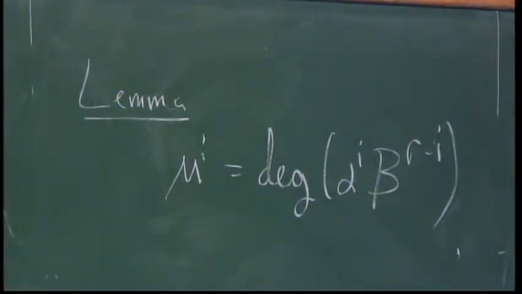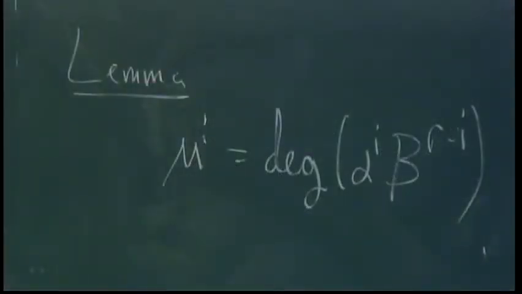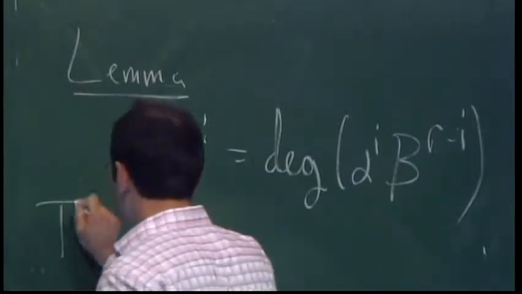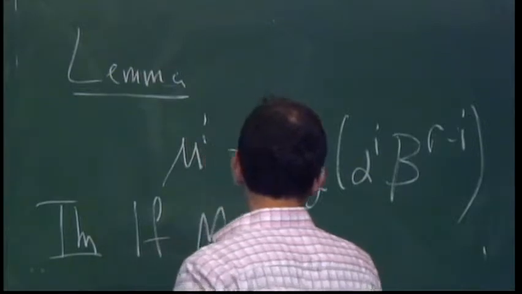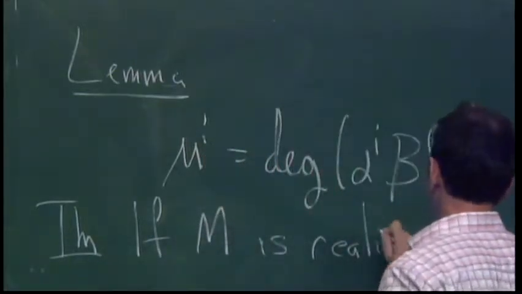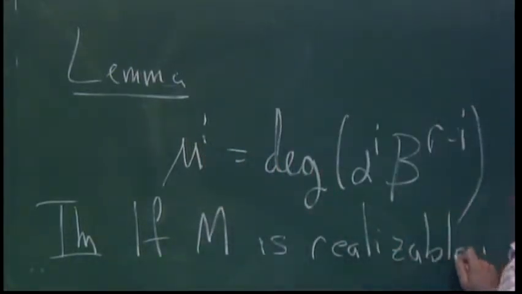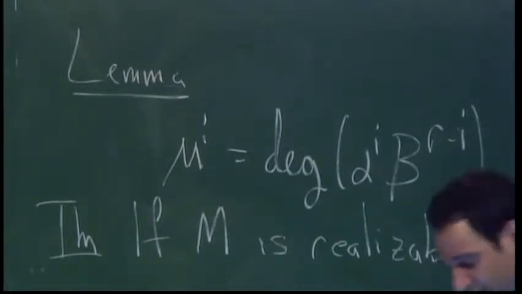And the way we get log concavity is through the following theorem, at least in the realizable case. And let's just make it realizable over C, so we can use the full Hodge theory apparatus.